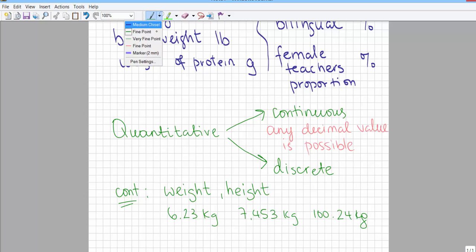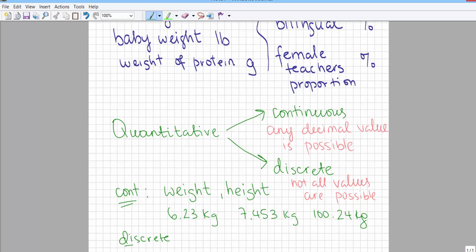Okay, discrete will be not all values are possible. Now let me go ahead and give you an example of a discrete. Okay, let's say number of children in a family.